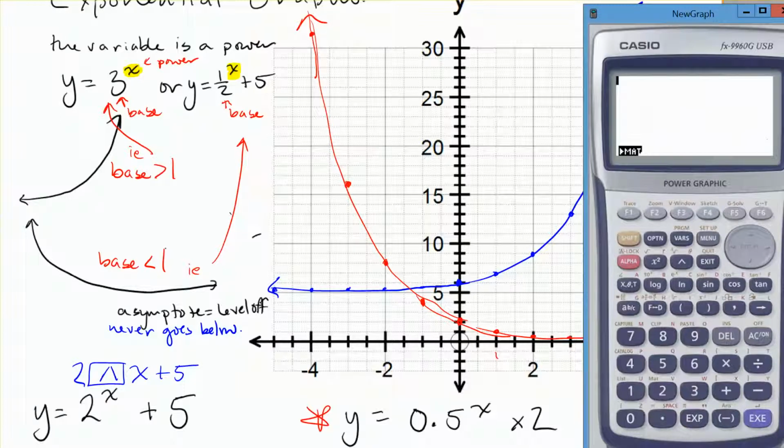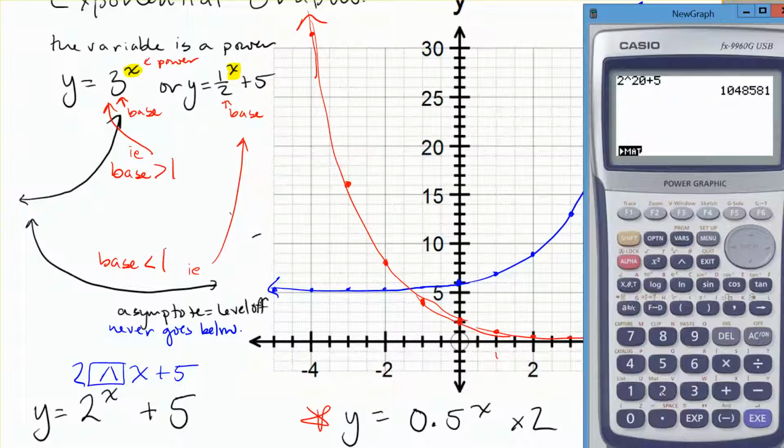If you do need to plug this in, for instance, if you wanted to know what is the value of y when x is equal to 20 or something, on the first equation you would go 2 to the power, you still use that hat button, 2 to the power of 20 plus 5 will get you that number. So you can see it gets really, really big.